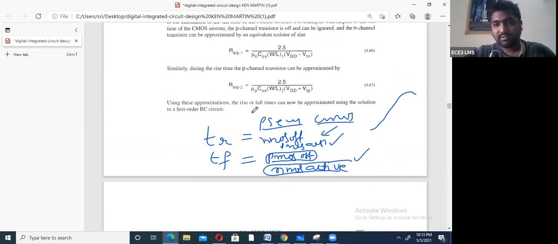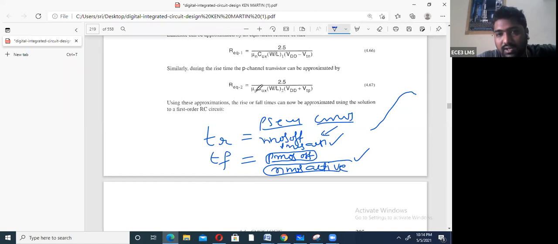So for that, they will find R equivalent 1, meaning NMOS, like this. For CMOS, R equivalent 2, meaning how to find the equivalent resistance, I explained in the pseudo NMOS design. You have to take the saturation current of NMOS and you will get this one, and the saturation current of PMOS and you will get this one.